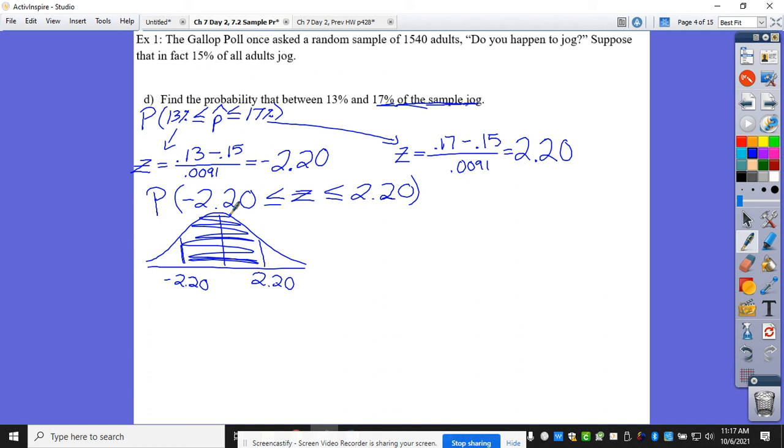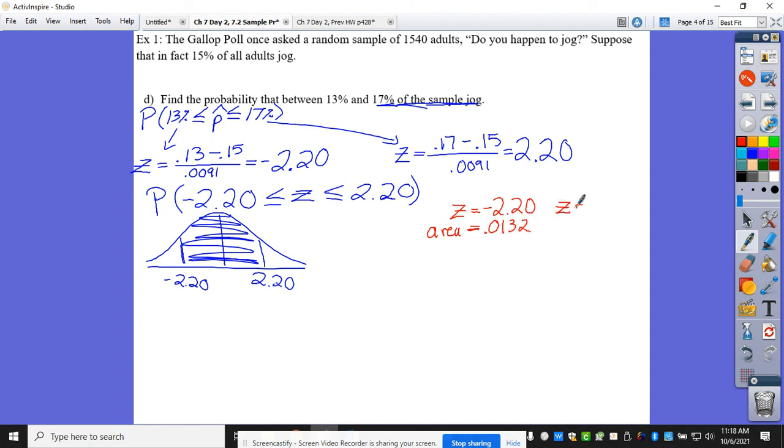Questions right now? This is stuff that we've done before. Alright, so then when z is negative 2.20, what is our area? And I've shown you another way to write this, so I'm doing this in red on purpose. What do we get as our area when we look up the z-score of negative 2.20? 0.0139.